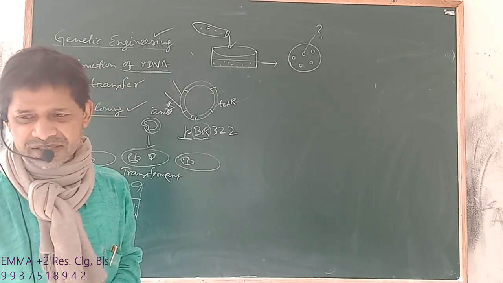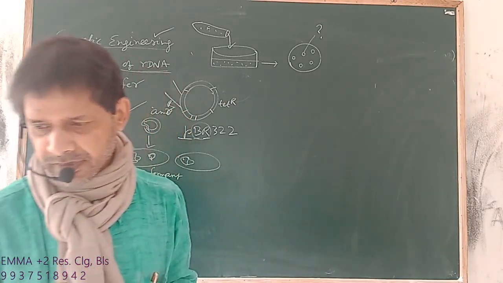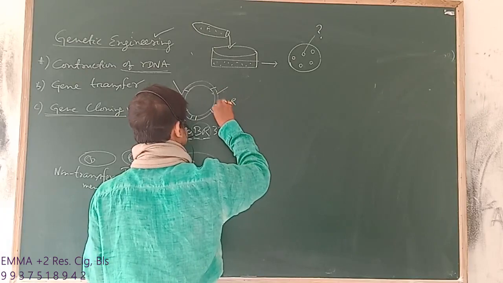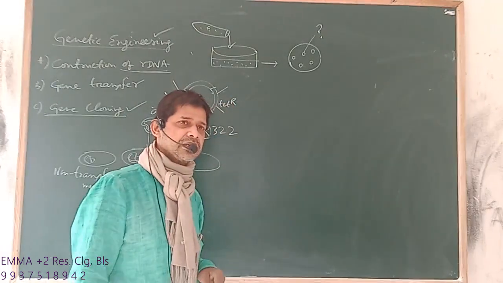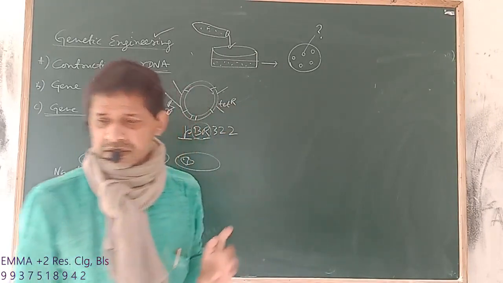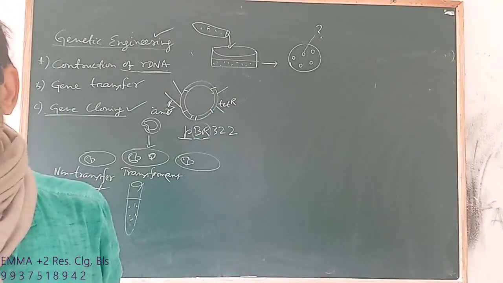One is PstI, another is PvuI. Similarly, tetracycline also contains 2 restriction sites, that means palindromic sites. One is BamHI.